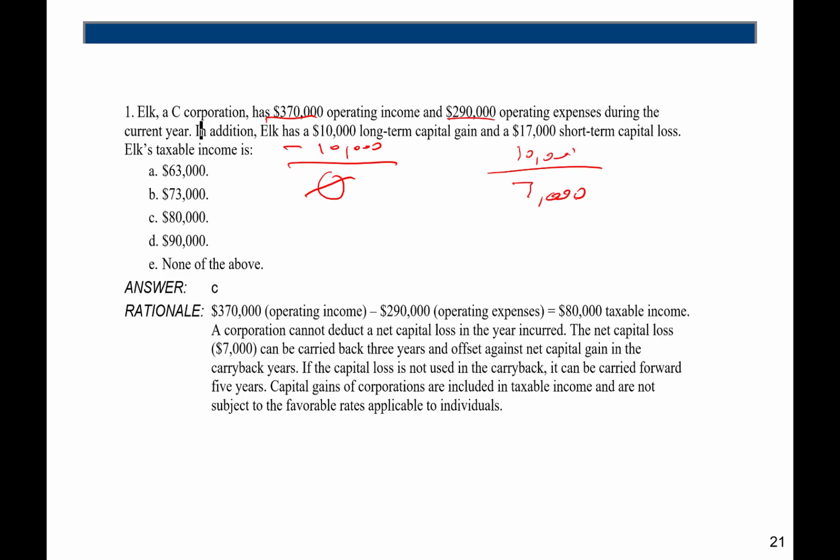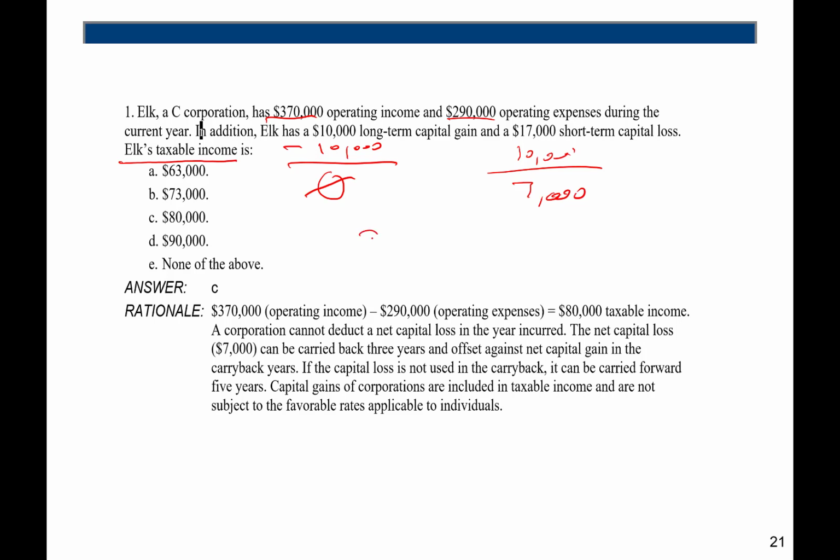And since this question is asking for 2017, then I have taxable income here in this year. They don't give me the year, but for this year, what is the taxable income?